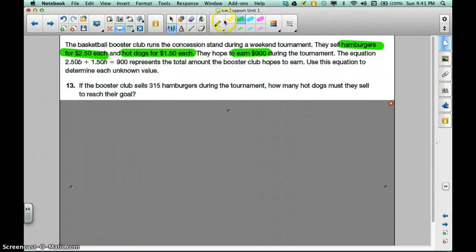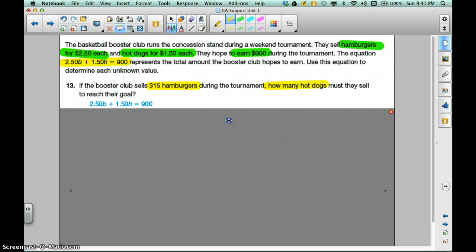Now they're asking you to use that to answer some questions. So let's take a look. The question says if they sell 315 hamburgers, how many hot dogs must they sell to reach their goal? So let's take a look. We've got the equation they gave us.